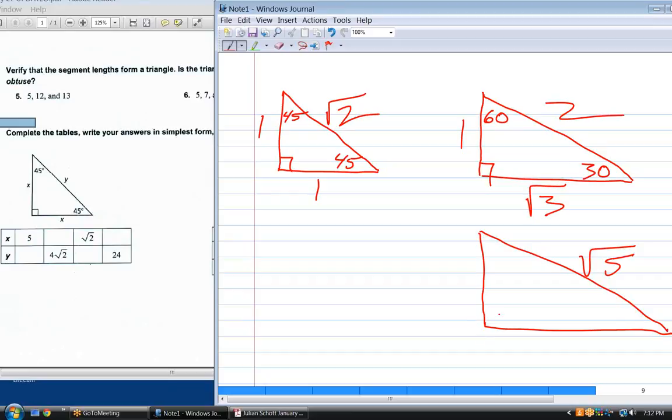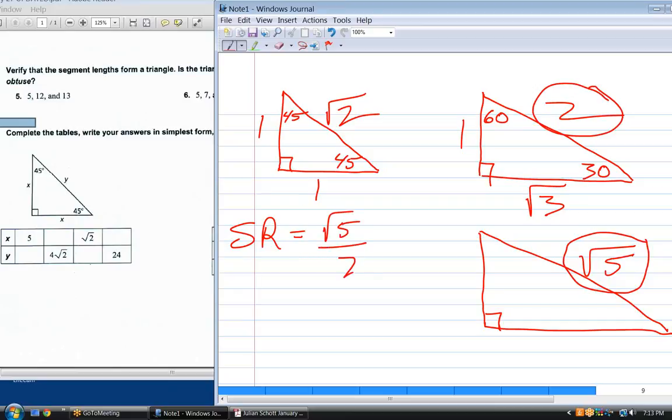The bottom one? Okay, what's the similarity ratio going to be? 2 to 1? Bigger one divided by the smaller one. Yeah. Square root of 5 divided by 2. It's that easy.